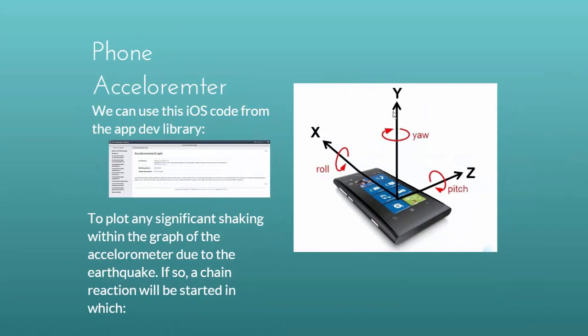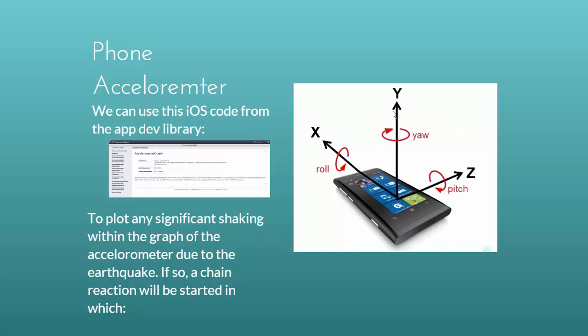Now last of all, we can utilize the phone's accelerometer to detect an earthquake. So how can we do that? Well, if you take a look at the iOS developer library, we'll see a piece of code called the accelerometer graph. That accelerometer graph graphs out the motion that the phone is shaking, or its roll and its axis.